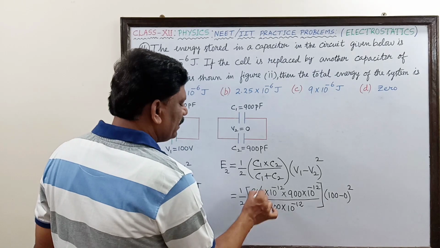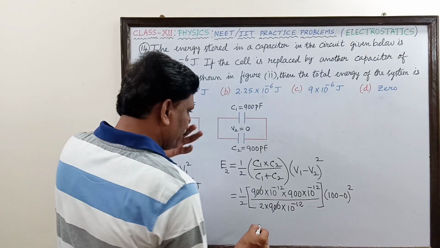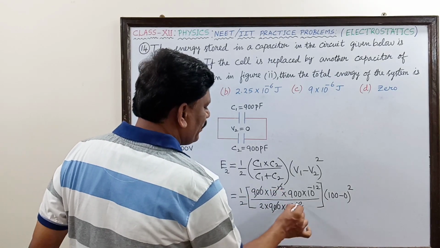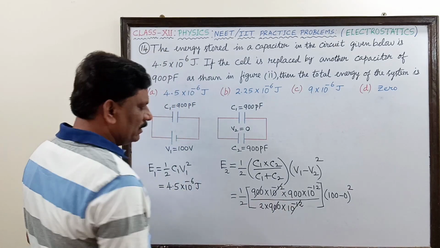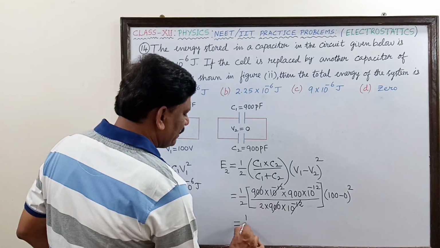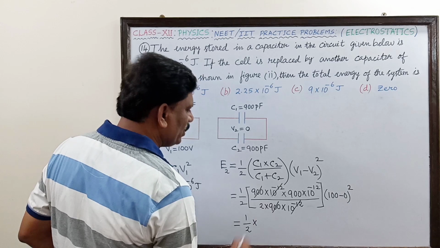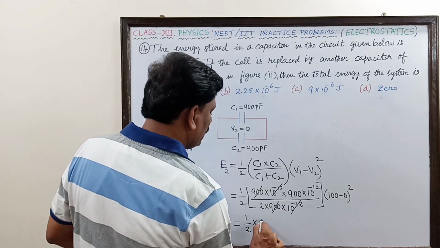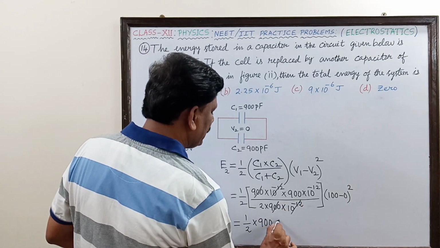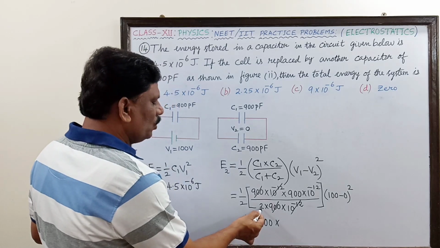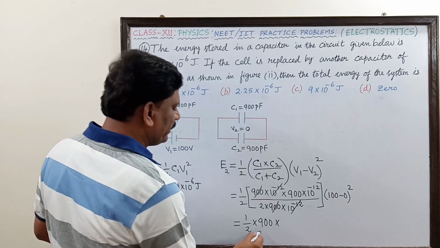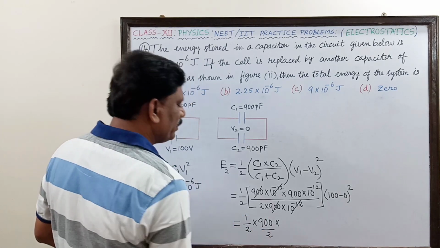Now you see here 900 and 900 can be cancelled, and this 10 power minus 12 and 10 power minus 12 can be cancelled. So this is half into 900, half into 900. One more 2 is here, is it not? So we can write 900 by 2.